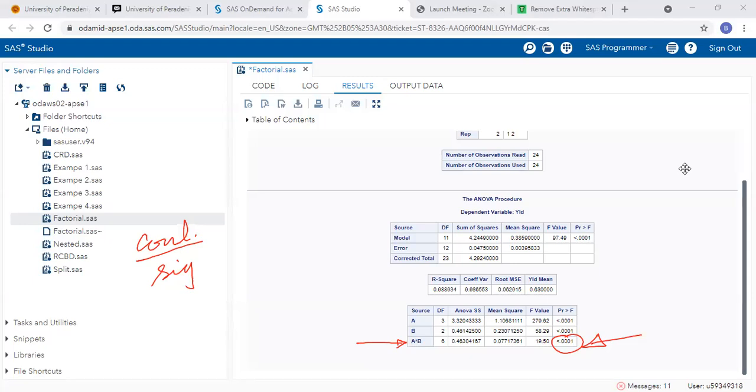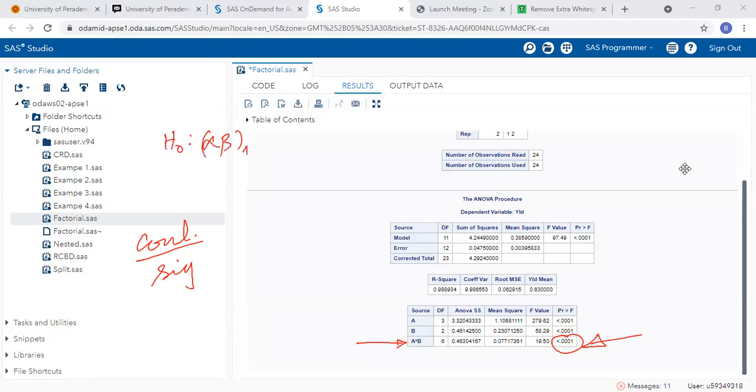The null hypothesis is that the AB effect is 0. There is an interaction effect. There is an interaction effect. So we reject our null hypothesis.